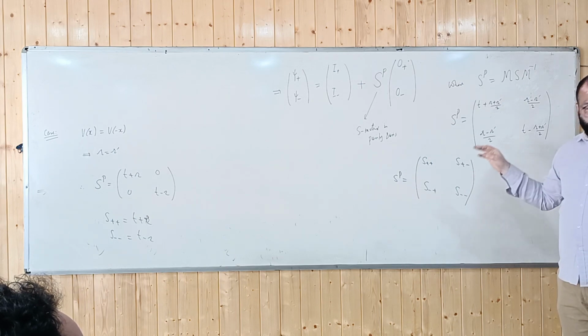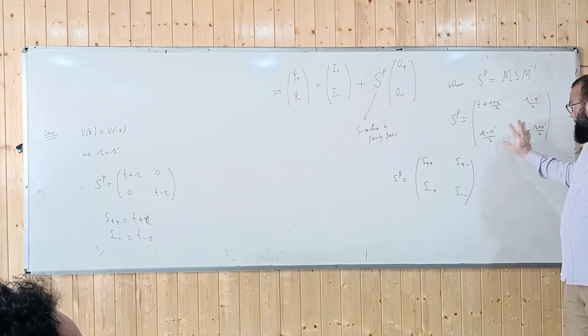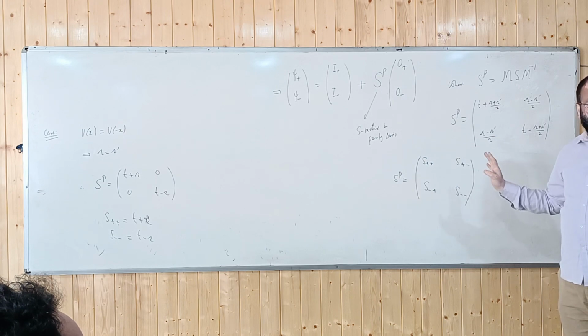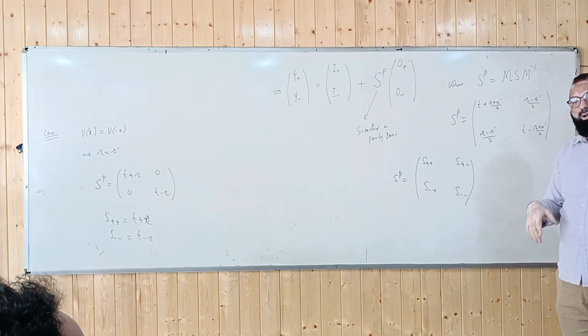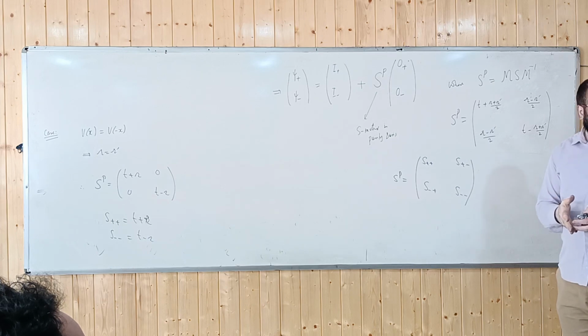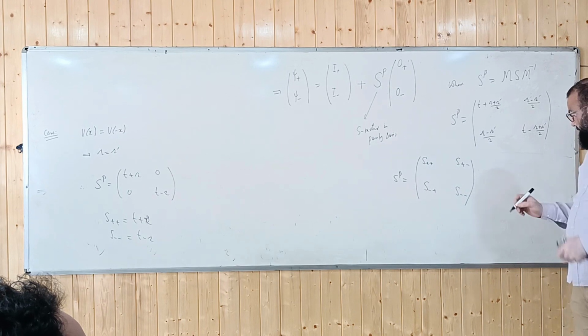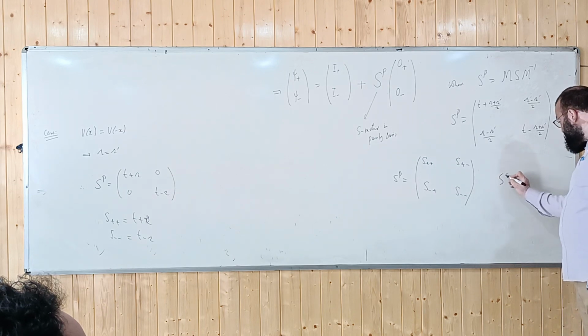So still you will have all these four elements non-zero. The only property valid for an arbitrary potential is that S has to be unitary, not Hermitian. So the only condition that is met is that S has to be what?